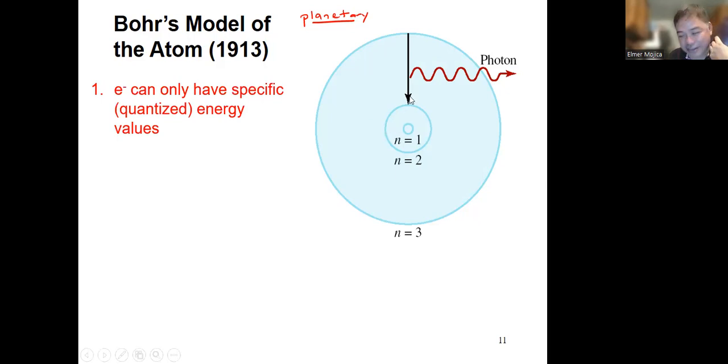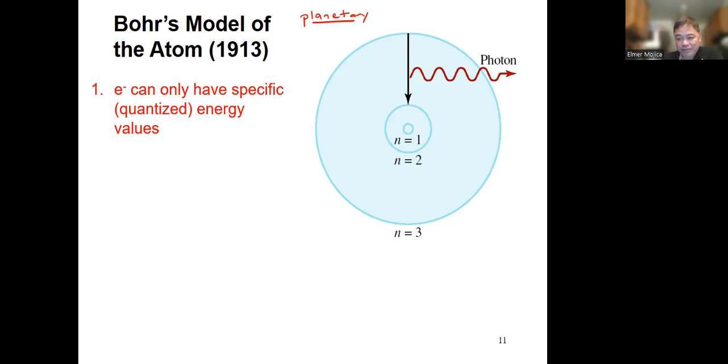It goes to a higher energy level, or an orbit of higher energy level. The difference, the distance of those orbits, correlates to a certain energy. So the electron can only have specific or quantized energy values. So when the electron absorbs energy, it goes to a much higher energy level position. And unfortunately, this higher energy level is what?